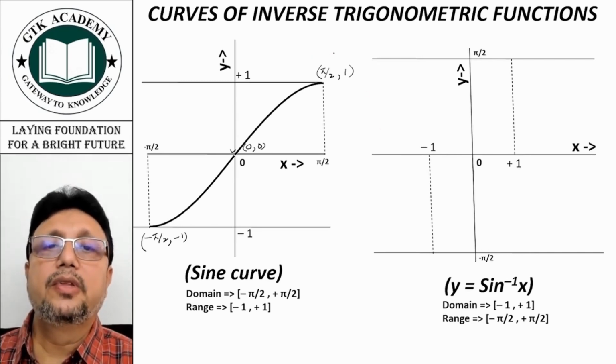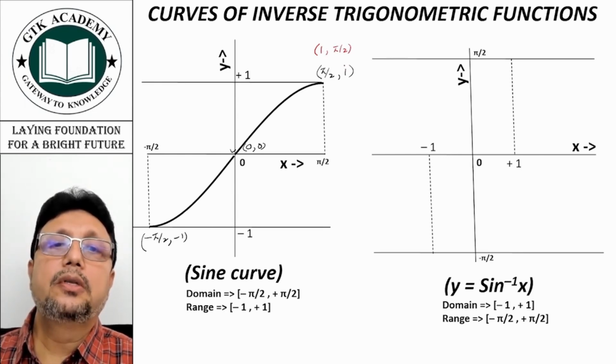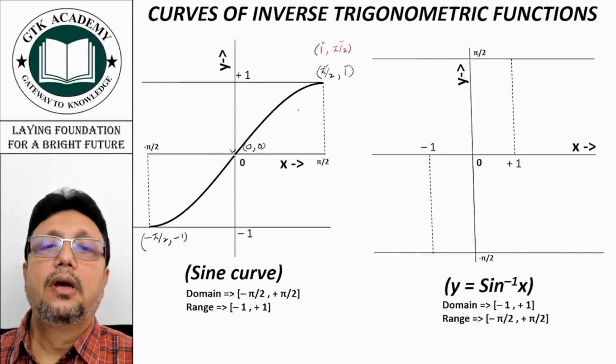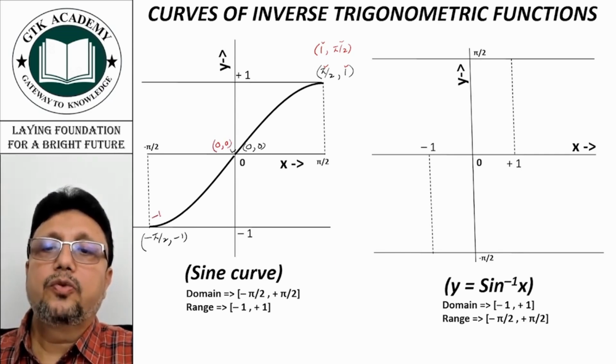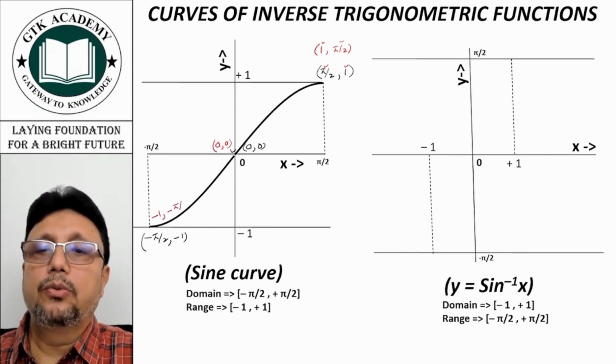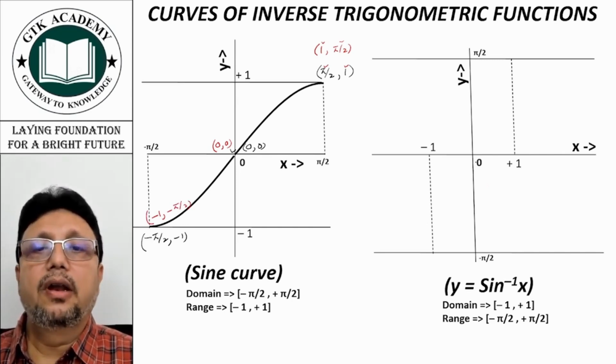I'll mark them with red. For the inverse, you will have 1 and pi by 2, because this is going to be the input here, and it will take it back to the input there. And for 0, you will have 0, and for minus 1, you will have minus pi by 2.